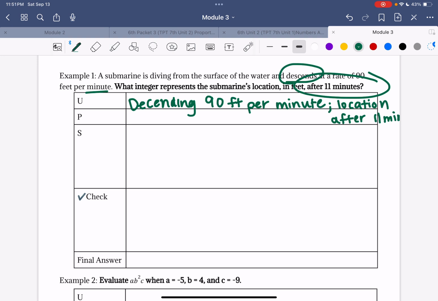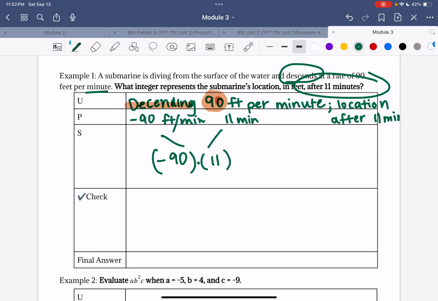And because it's descending, I have to think of this as a negative number. Okay, so 90 feet per minute is my rate, and then I'm going for 11 minutes. So if I multiply these two things, I'm going to find the total feet, where I am below surface area. Below sea level. So negative 90 times 11.